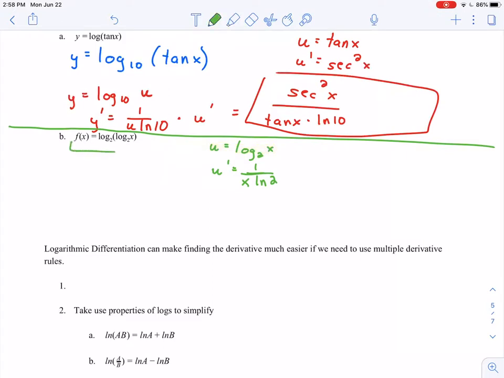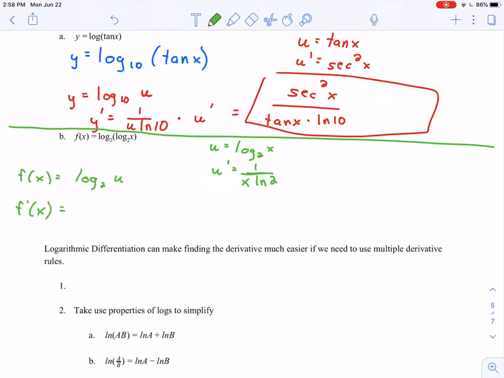So let's go back here. Let's rewrite this expression. f of x is equal to log base 2 of u. And this is something that we know how to take the derivative of. So let's take this derivative and apply our chain rule. f prime of x is equal to, oops, not log base 2.